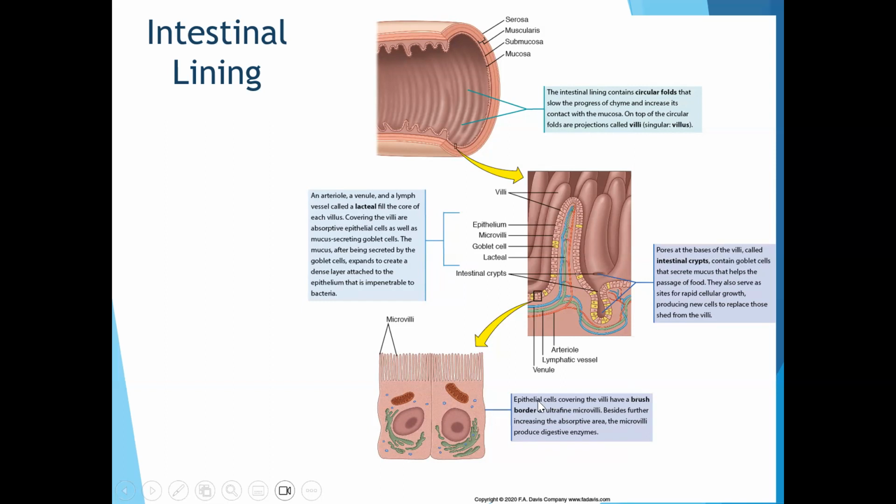The epithelial cells, now we're zooming in even further, that cover our villi have what's known as a brush border of even finer microvilli. Again, this helps us increase surface area for digestion, and they also produce digestive enzymes themselves. So we're trying to get as much contact with our chyme and the nutrients as possible.